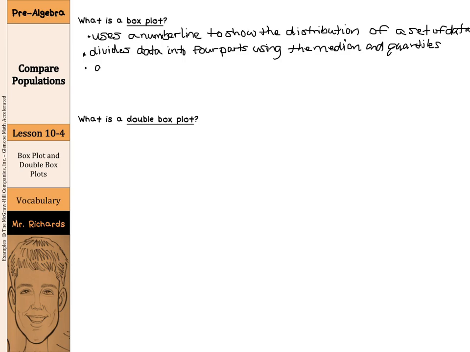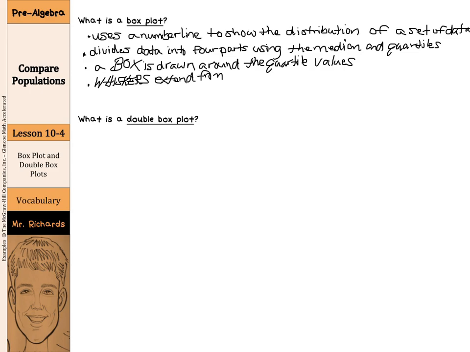Now, a box is drawn around the quartile values and then whiskers extend from each quartile to the minimum and maximum values that are not outliers.